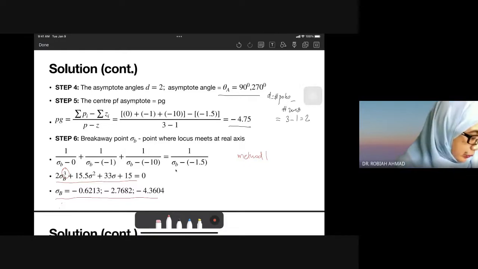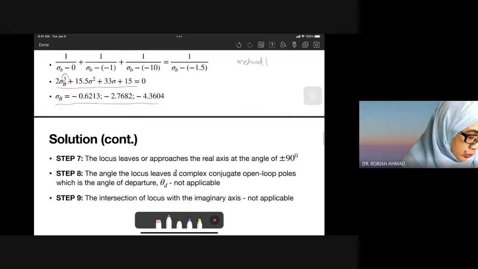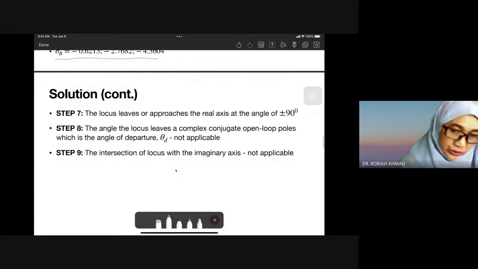So in this case, we have three breakaway points: minus 0.621, minus 2.7682, and finally minus 4.3604. Okay, so we proceed with that. Step 7, definitely our locus will leave or approach the real axis.